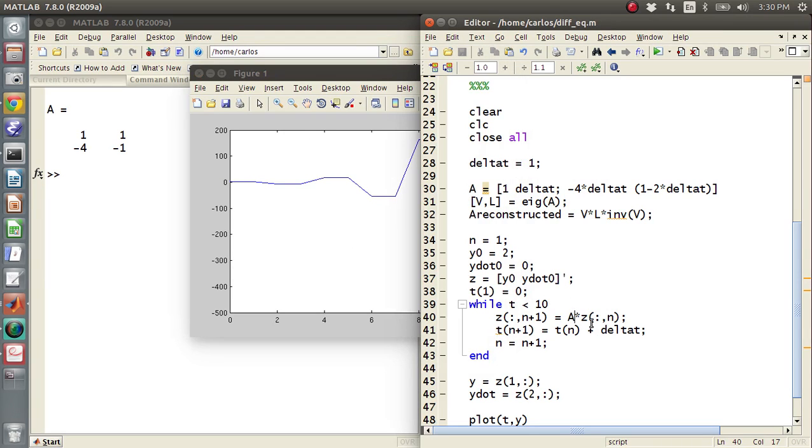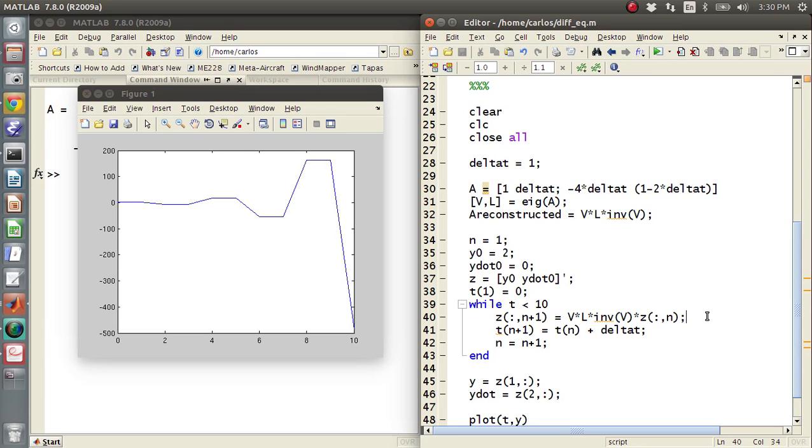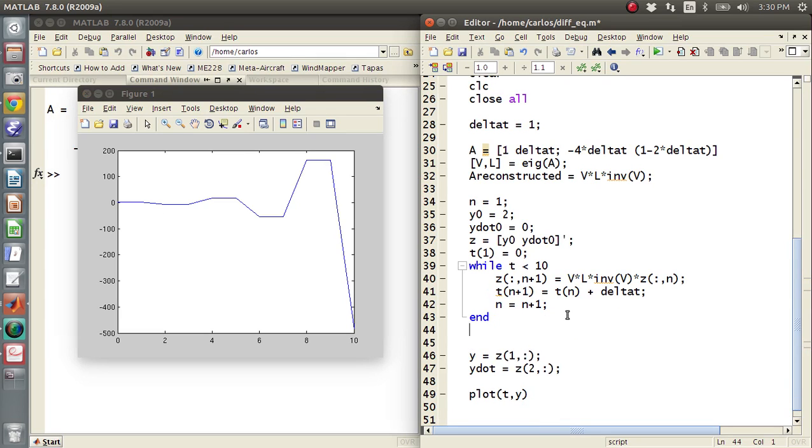I'm going to replace A here with V times L times inverse of V. And we'll notice that I'll get the exact same thing here. Now, what you notice is that Z1 equals V times L times inverse of V times Z0. And then Z2 equals V times L times inverse of V times Z1.